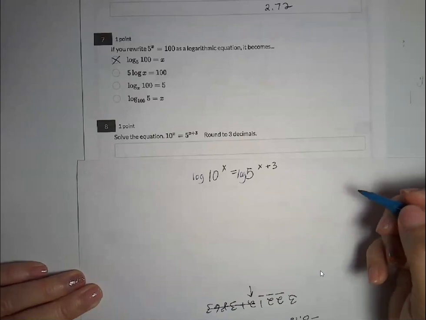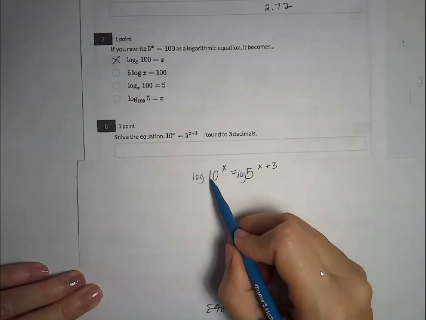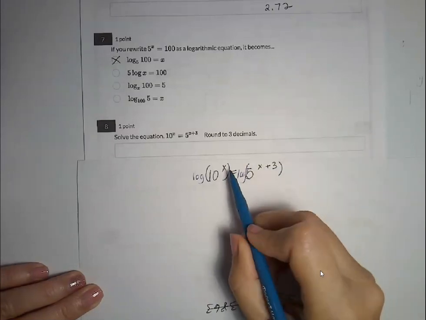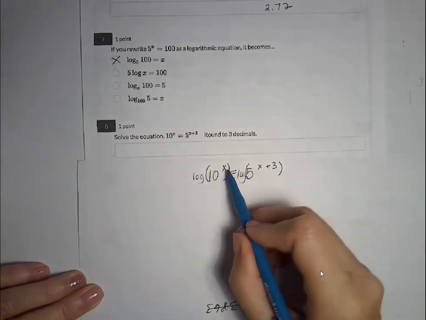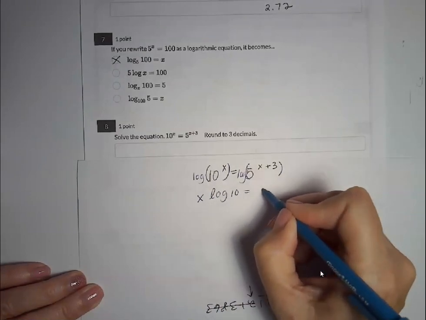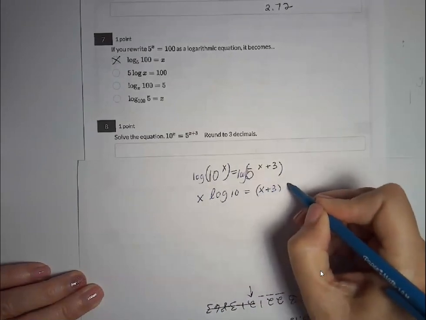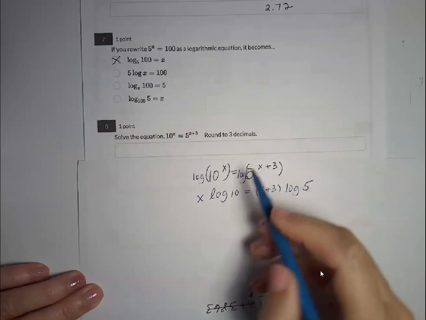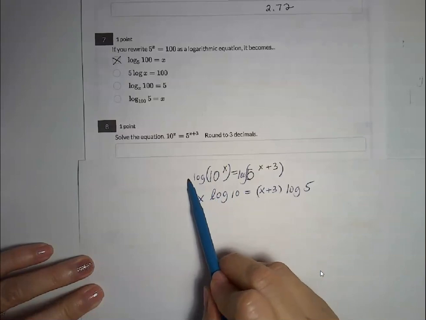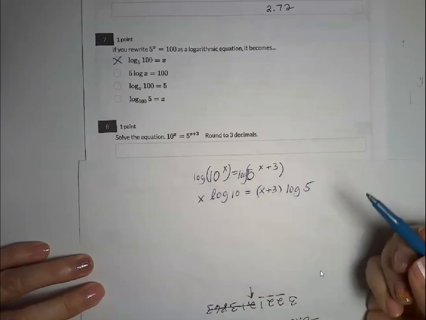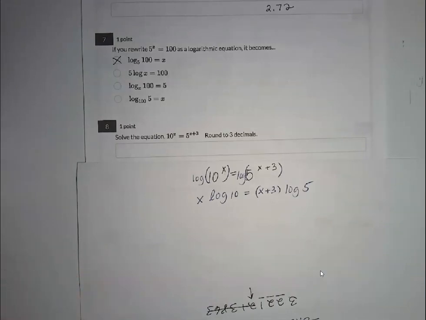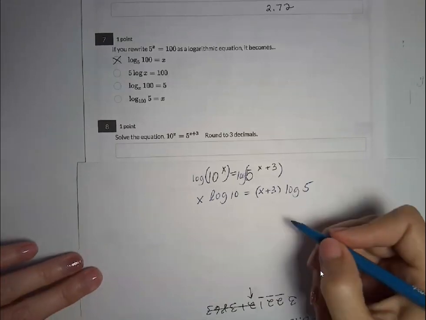My power property says that when you have an exponent on the argument, you can rewrite this as x log of 10 and x plus 3 log of 5. That's what the power rule tells us, that when we have an exponent on the argument, we can put it as a coefficient in front of the log. And we do this to get the x out of the exponent.